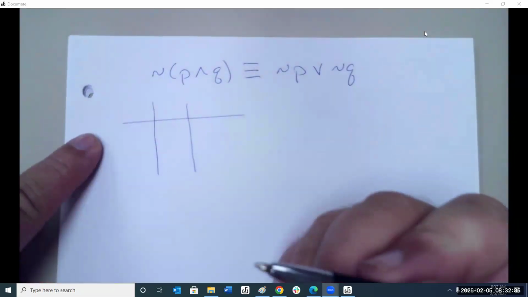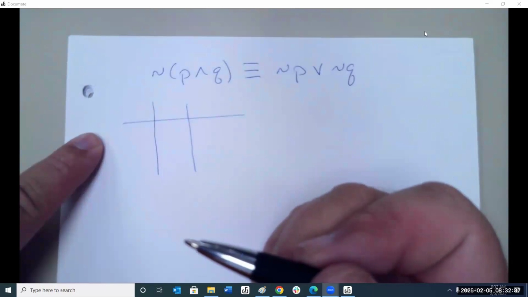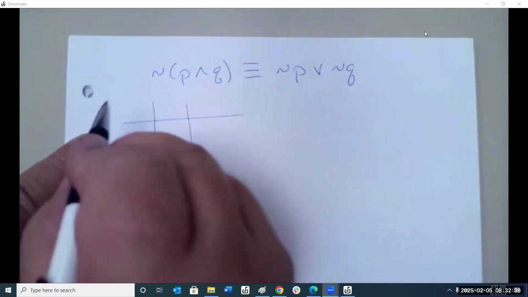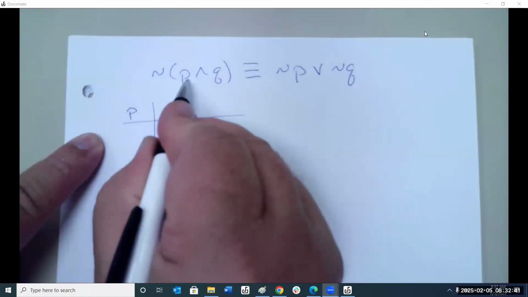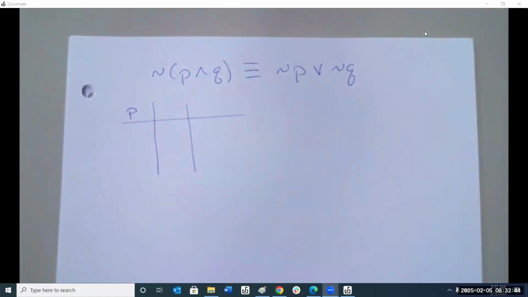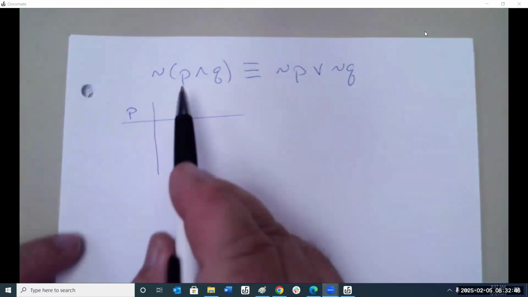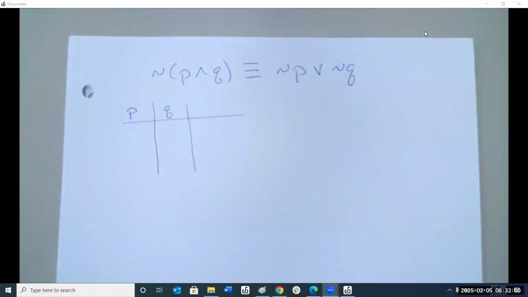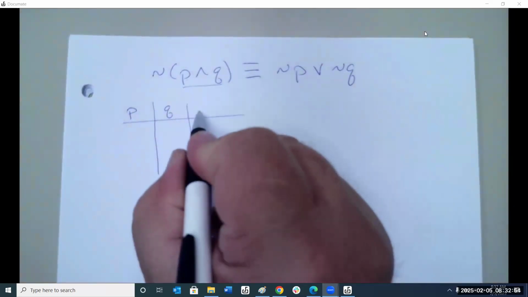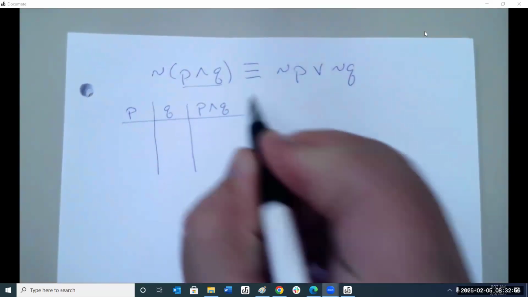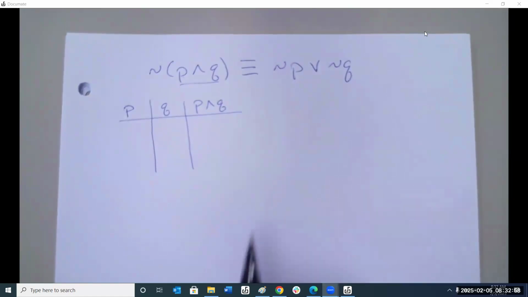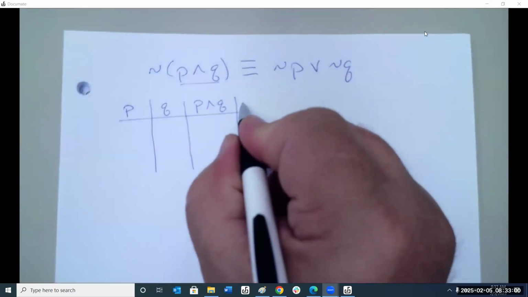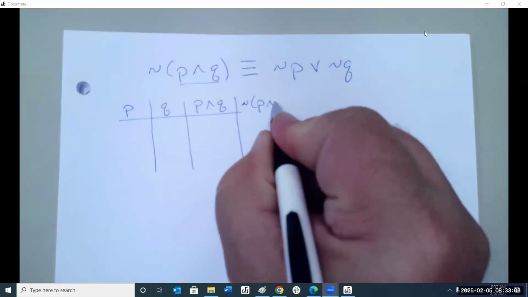So what's the first column going to be? No, the first one, we have to build, remember, rules still exist. You have to do inside the parentheses first. What do we need? We need a P. We need a Q. Then we need a P and Q. And then we need a not (P and Q).